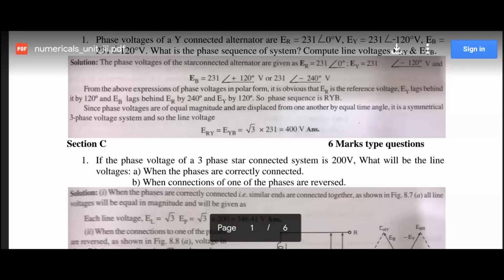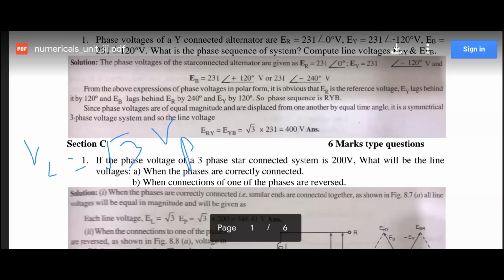Okay, so the next part is to calculate the line voltage. Okay, so line voltage in case of star connection system, as we have discussed in the theory class as well, is root 3 times the phase voltage.